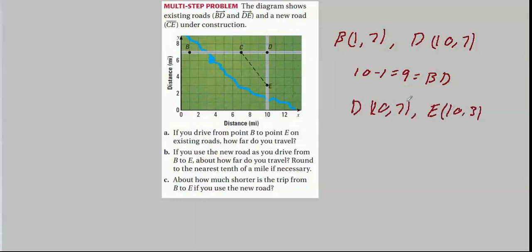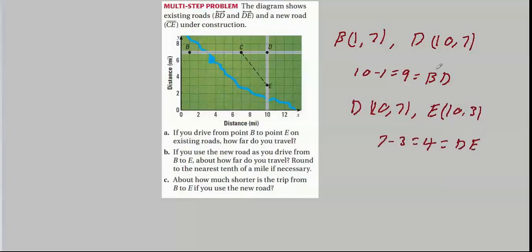So here we have the same x-coordinate, and we just have to subtract the y-coordinates. 7 minus 3 equals 4. And that's DE.